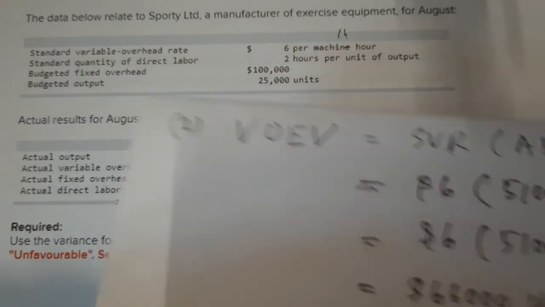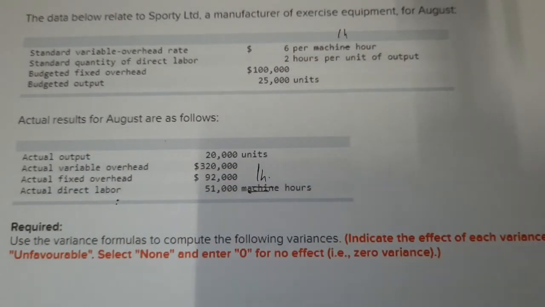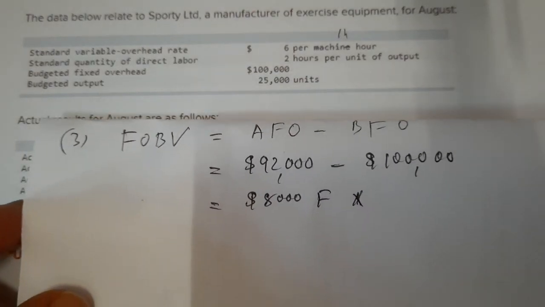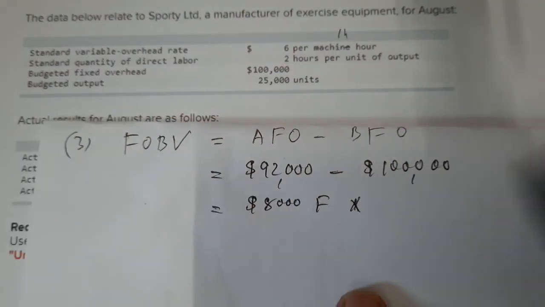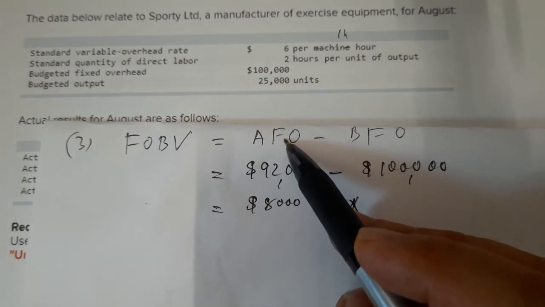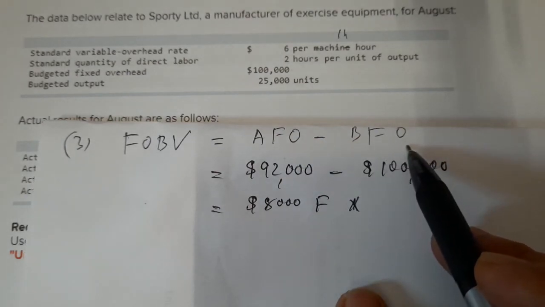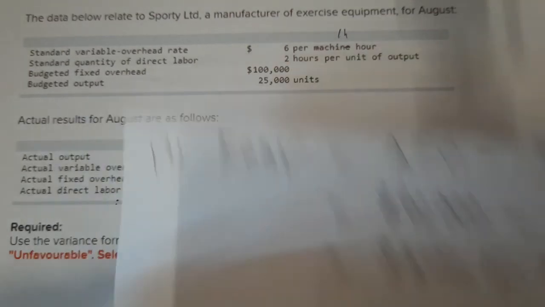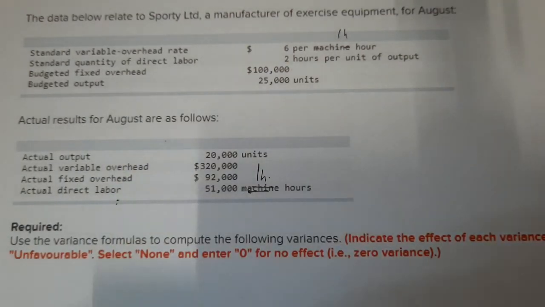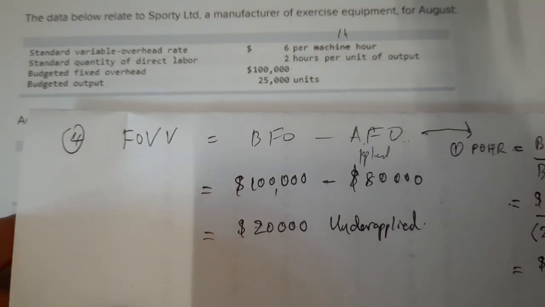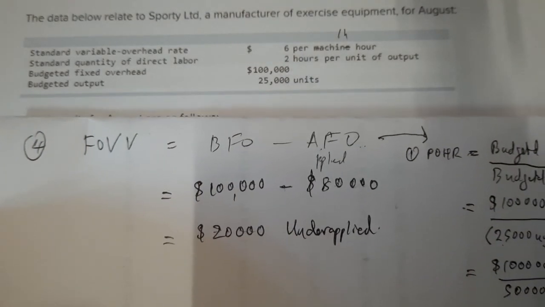And then to calculate the fixed overhead budget variance, you use this formula. Actual fixed overhead minus budgeted fixed overhead. And then the last one is, if you want to calculate fixed overhead volume variance, you use this formula.